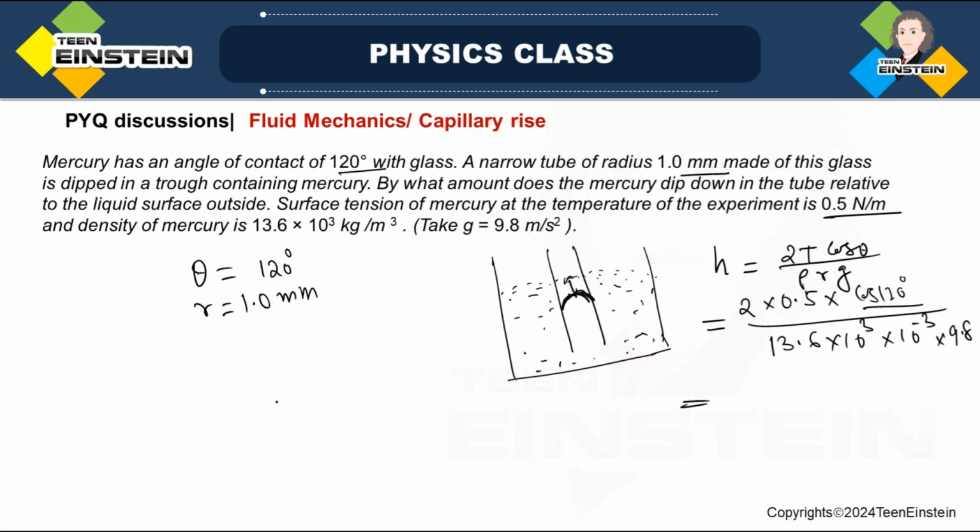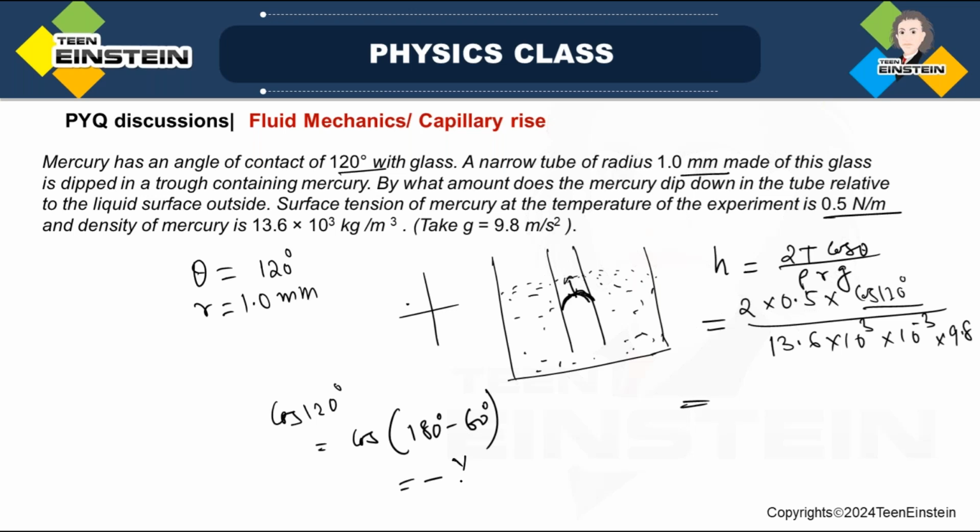So what is cos of 120 degree? Cos of 180 degree minus 60 degree. In the second quadrant cos is negative, so minus cos 60.